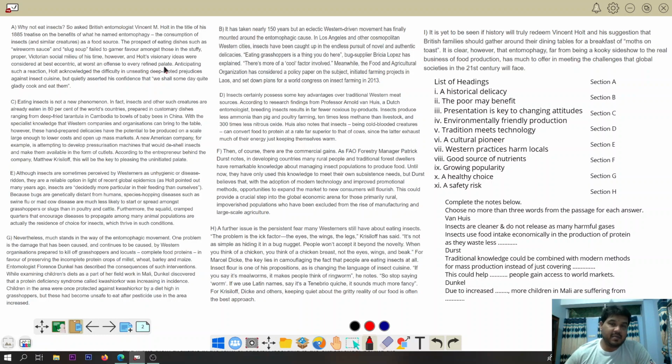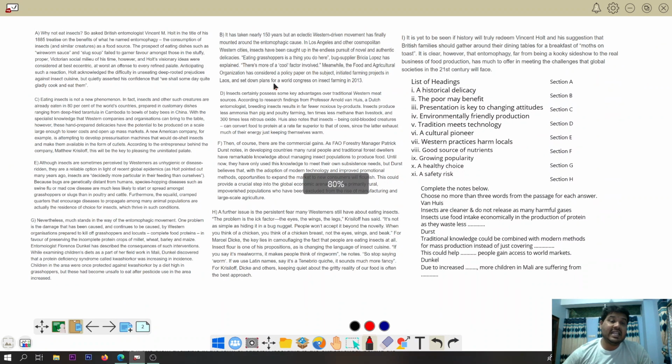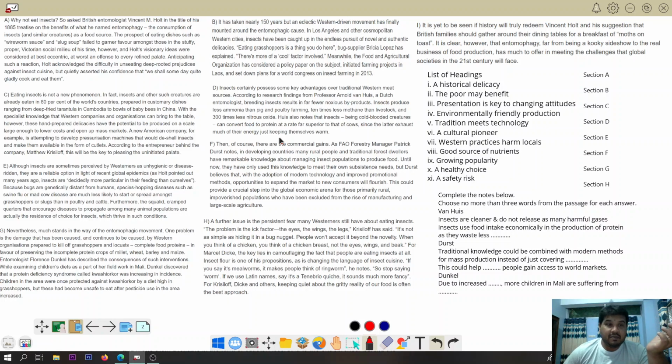Now, reading this much, it's pretty evident what this paragraph is about: this person Holt was trying to give a new kind of experience, or suggest a new experience.